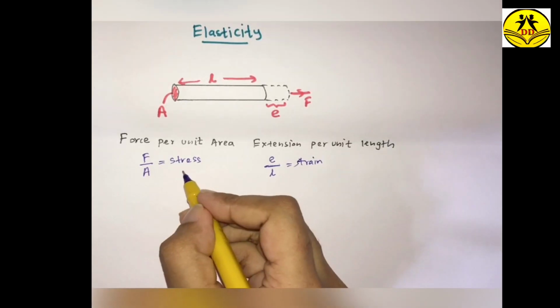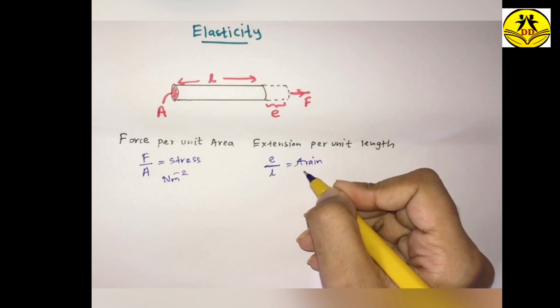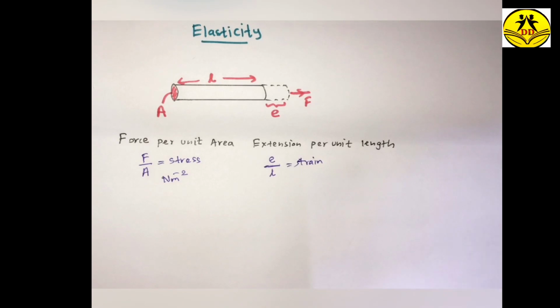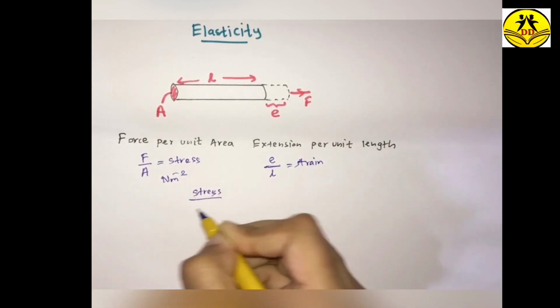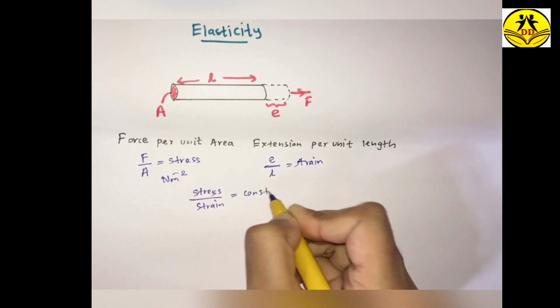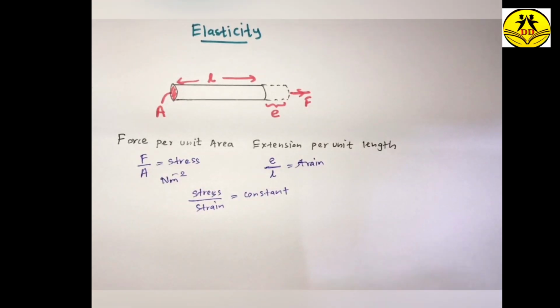So the unit of stress is force Newton, therefore Newton per square meter, but strain, since extension and the original length both are measured in meters, the units get cancelled off, therefore strain does not have a unit. For a given material, the ratio between stress and strain is a constant, and that constant is given a special name.